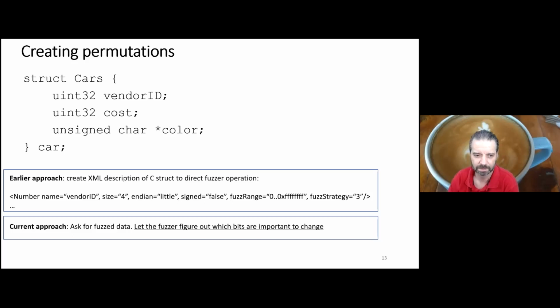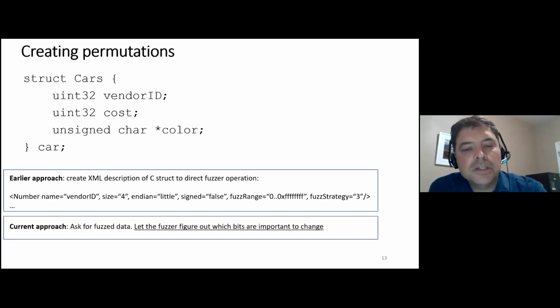Thanks, folks. All right. So fuzzers at the root level are always creating different permutations of data to try. If you think of a simple C struct, in the olden days, you would have to declare, here's a vendor ID, it's 4 bytes long, it's little endian, and you'd have to basically spell it out for the fuzzer. And then maybe there's some built-in fuzz strategy in this fuzzer where maybe 3 means it's going to alternate 1s and 0s or something like that.